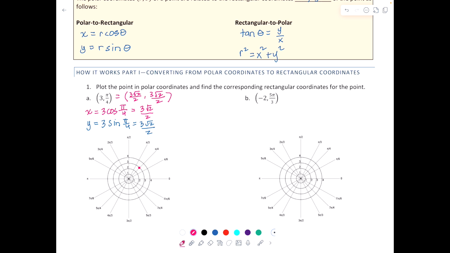Cool, cool? Okay, looking at our second one, we have negative 2, 5 pi over 3. So let's go ahead and rewrite that one so it's easier for us to deal with. So that's going to be equivalent to positive 2 and then 5 pi over 3 plus pi.